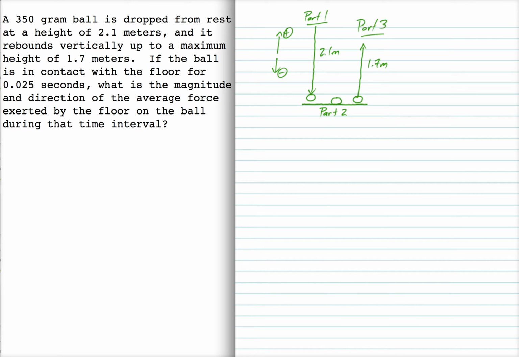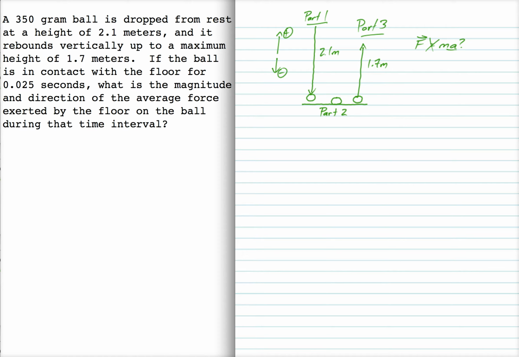So what we need in part two is the magnitude and direction of the average force exerted by the floor on the ball during that time interval. If we wanted to find that force, we could try F equals ma, but we have no idea what the acceleration is.